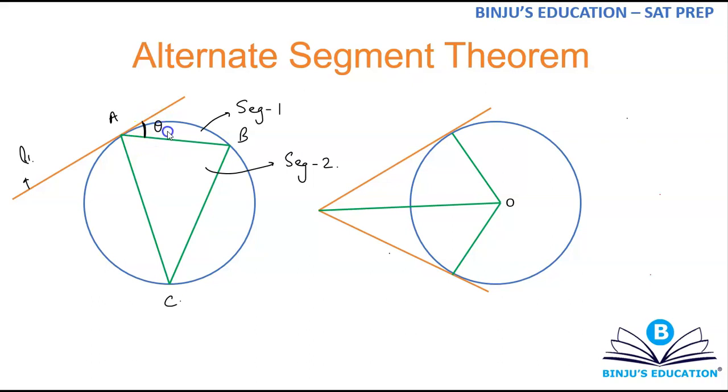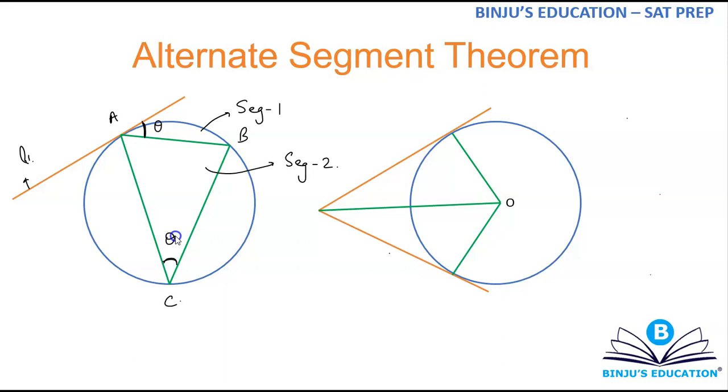Then the same chord will make an angle of theta in the opposite segment of the circle, provided that the point lies on the circumference of the circle.